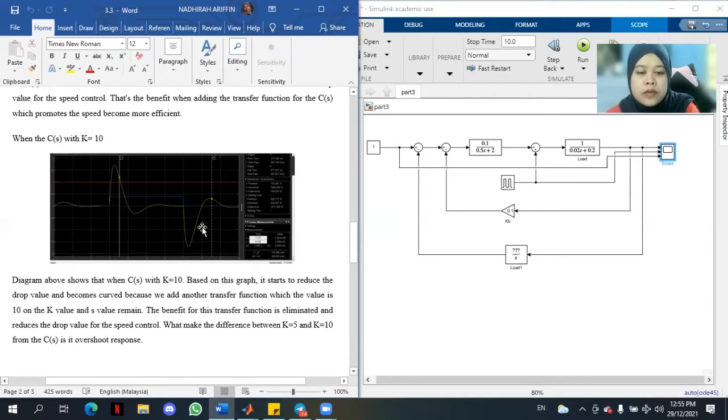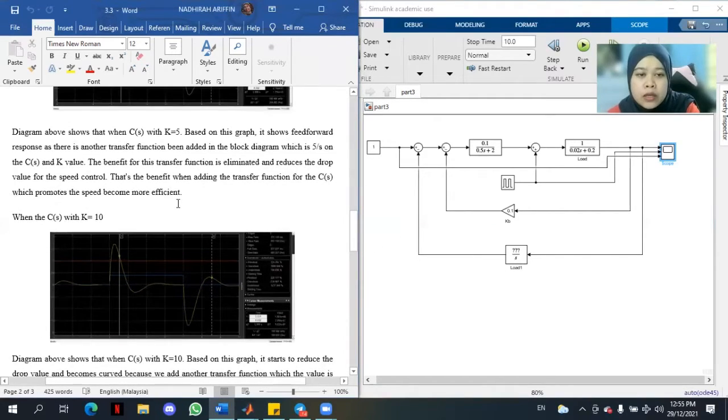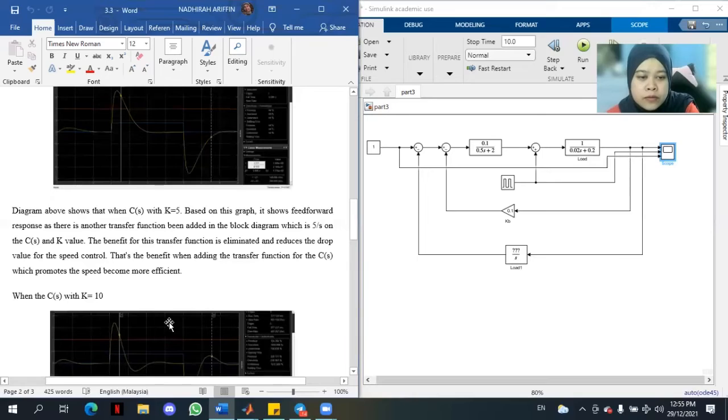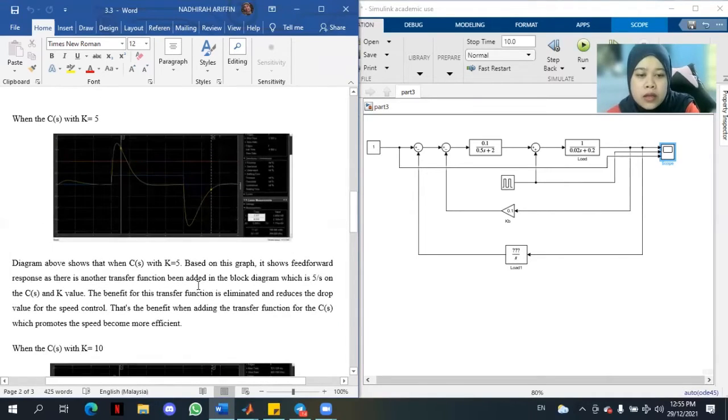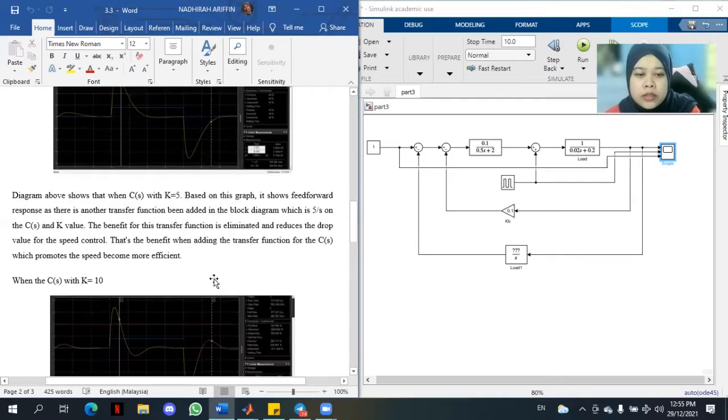The benefit of this transfer function is that it eliminates and reduces the drop value for the speed control. It promotes the speed becoming more efficient.